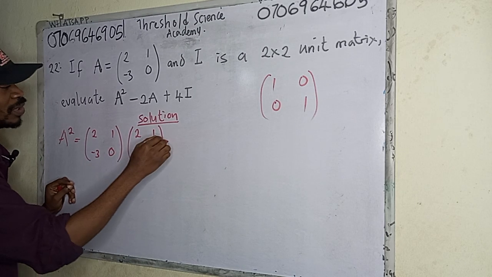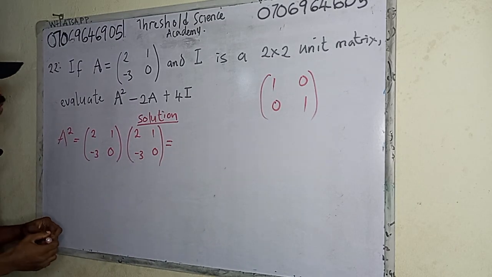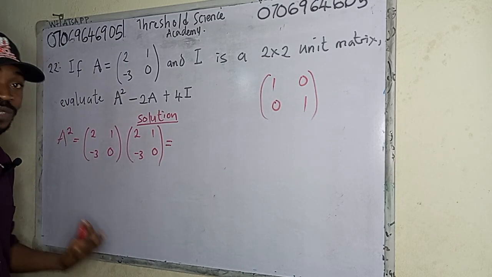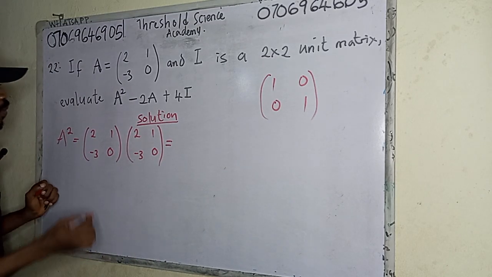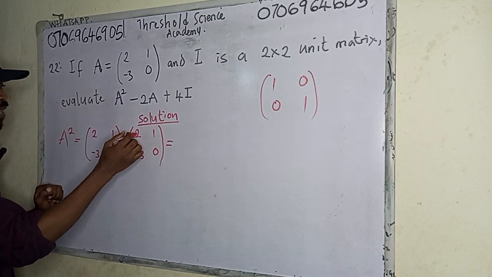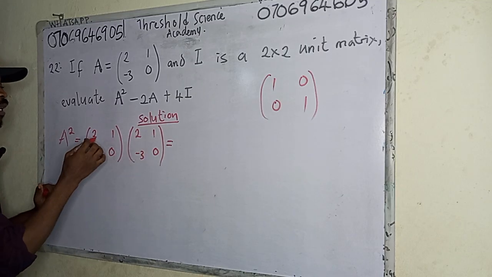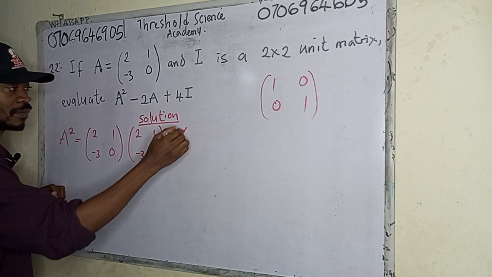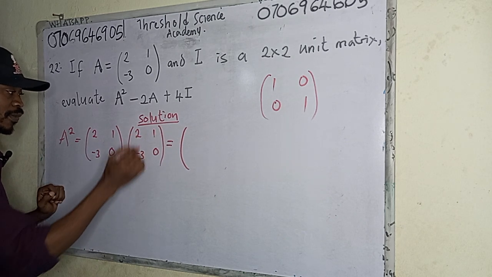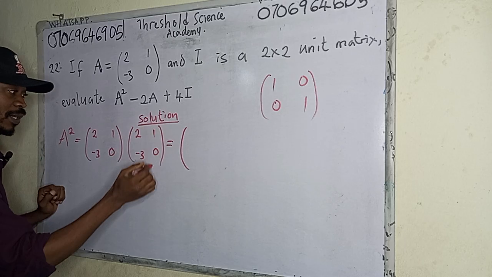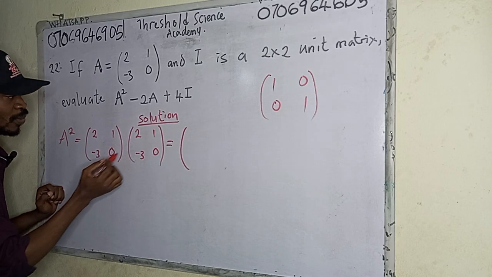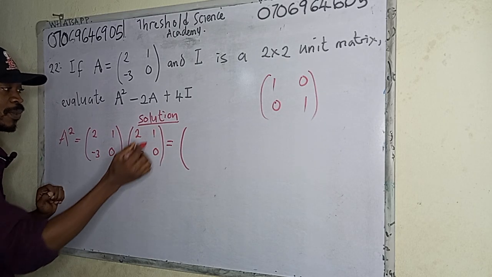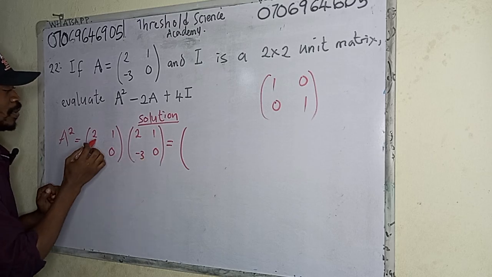So how do we carry out matrix multiplication? We start with the first row and the first column, then the first row and the second column. Then we go second row, first column, second row, second column.